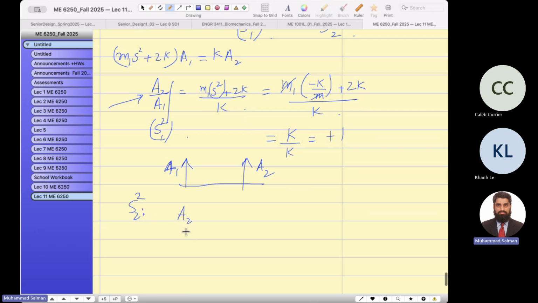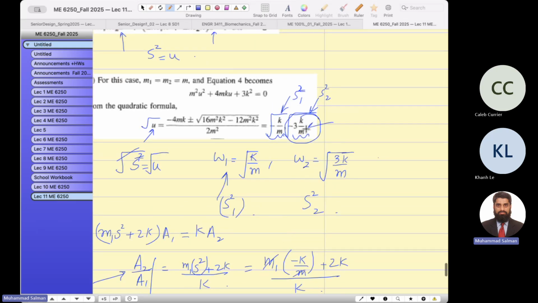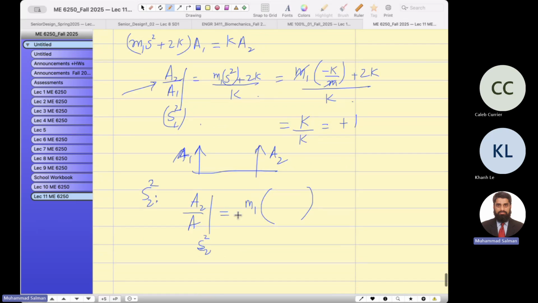So I'm going to write down m, and in place of this, I'm going to plug in negative 3k over m, and then plus 2k, over k. Simplify this: m is cancelled by this m. So negative 3k plus 2k is negative k, over k. That is negative 1.